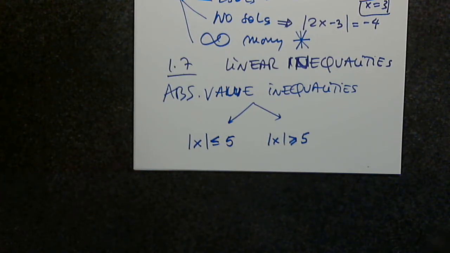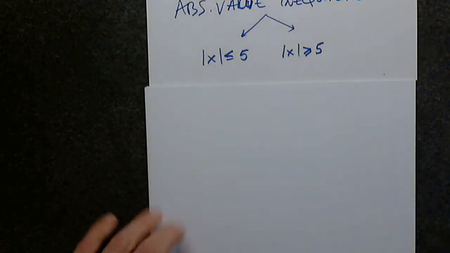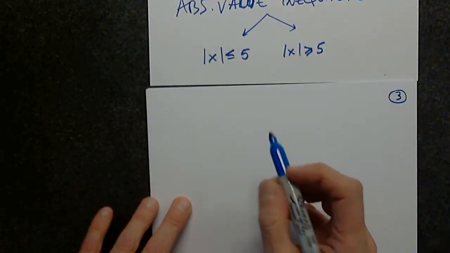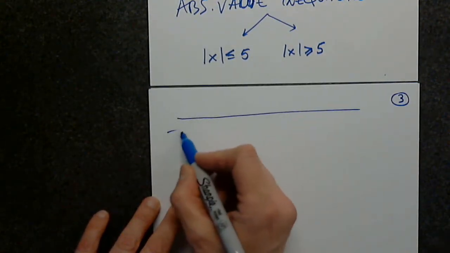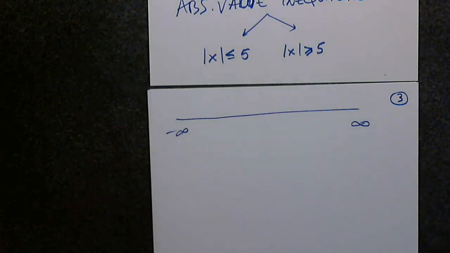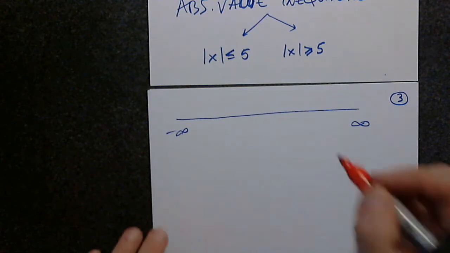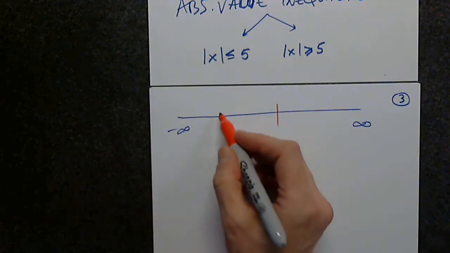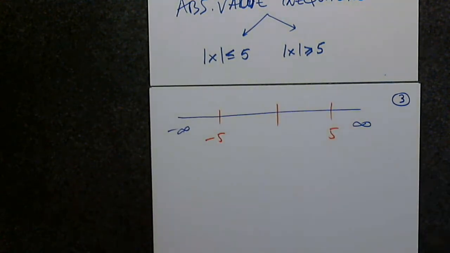Where will I find those numbers? On the number line, or real line, it's called. So this is negative 5 and this is positive 5. Where will I find them again? There are different possibilities.